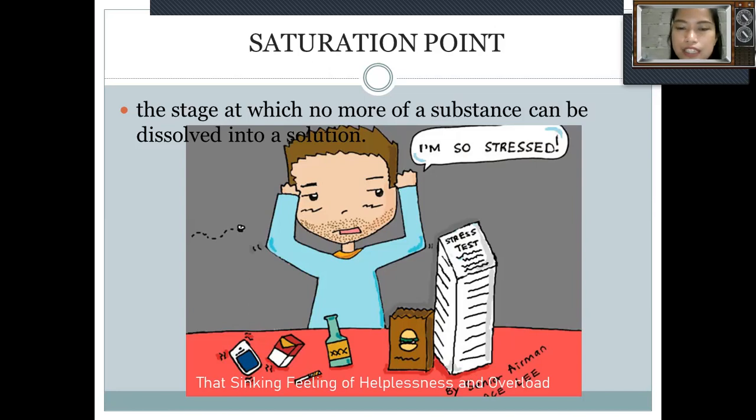So anong gagawin natin if we reach that saturation point in our life? First, we should release the stress into something, verbally. Maybe you talk to your family. Physically, you go for biking, walking, jogging. Spiritually, go to church and be reminded that the Lord is with you always.